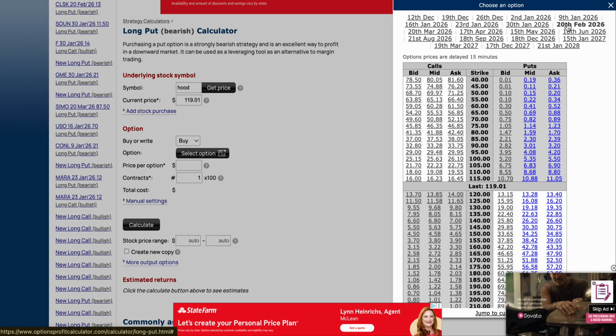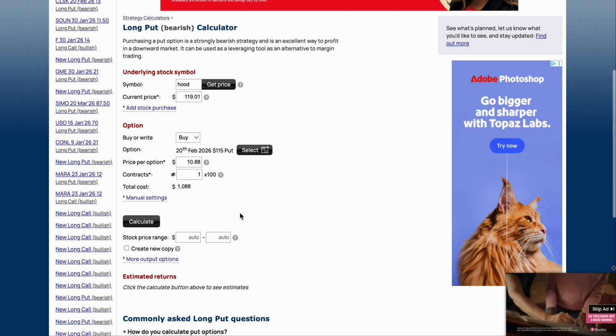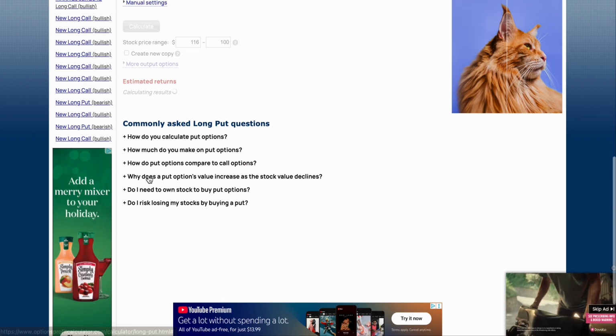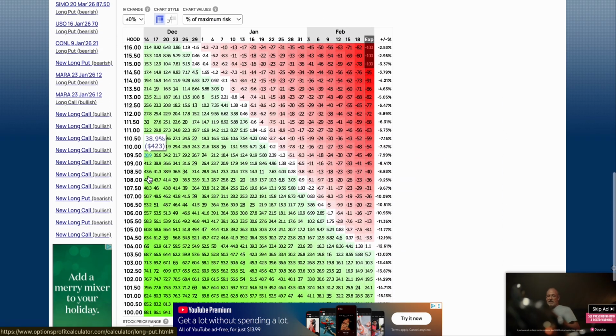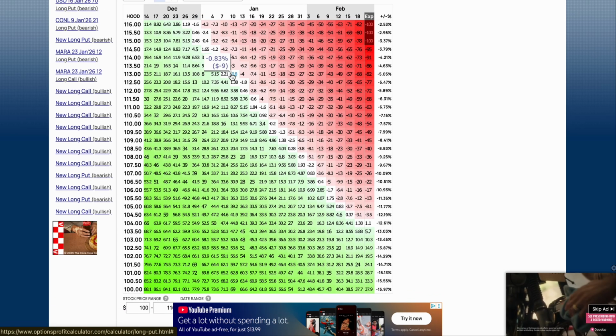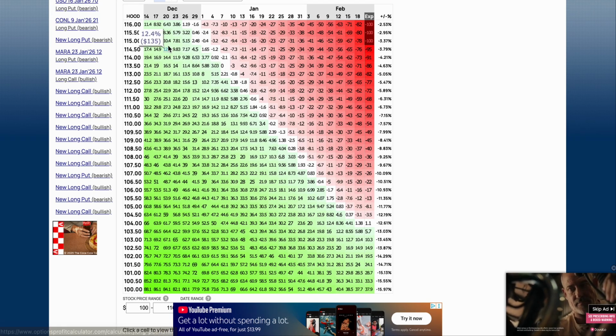Go up 2 months. Take the cheaper one. 116 to 100. Calculate. Okay, this is better.